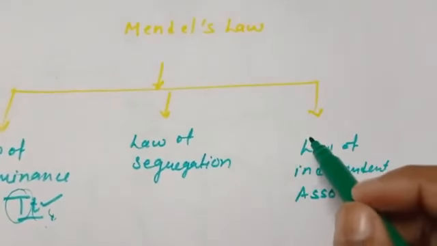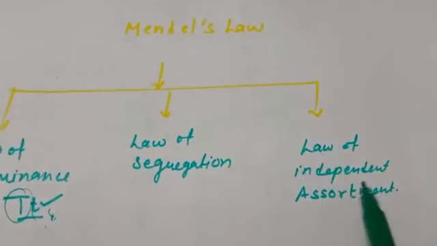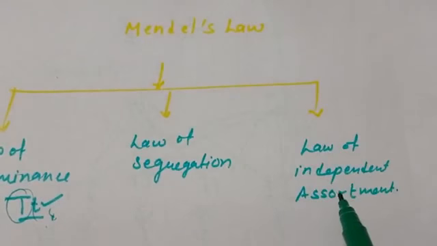Now, the other one is called the law of independent assortment. We have just seen that when crossing occurs between individuals differing in two or more pairs of contrasting characters, the inheritance of any one pair is not affected by the presence of the other.